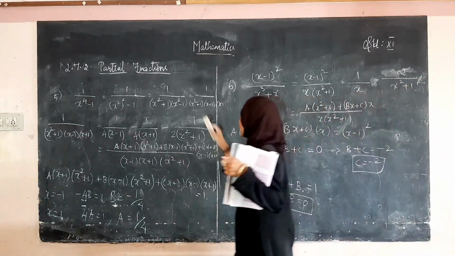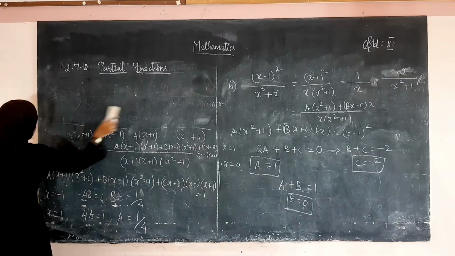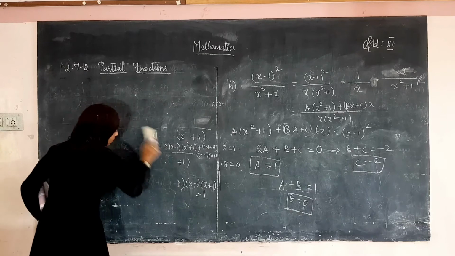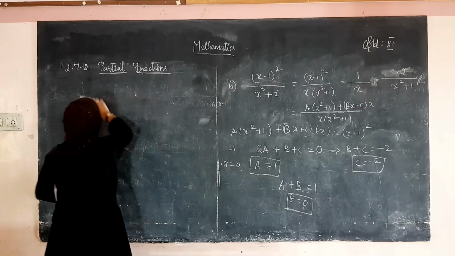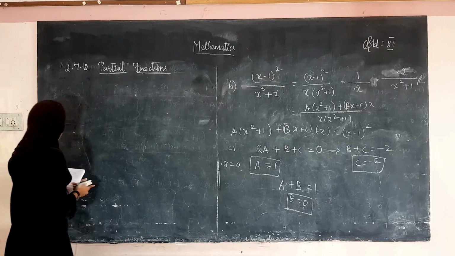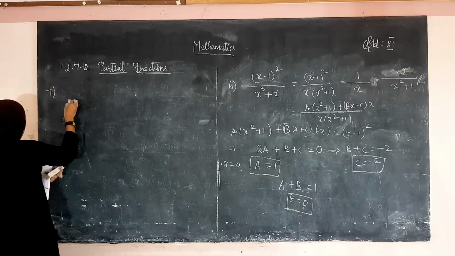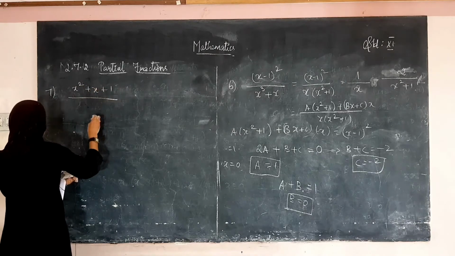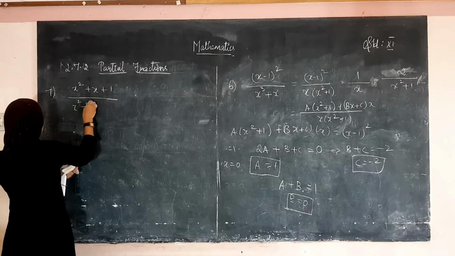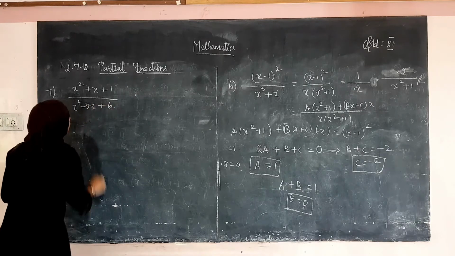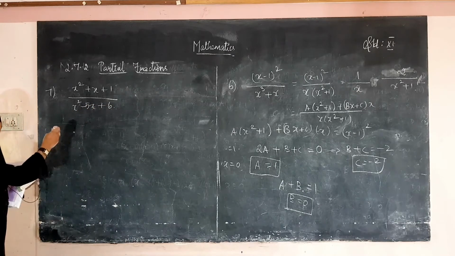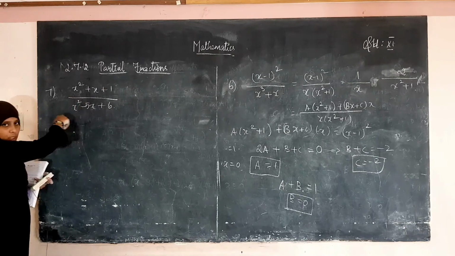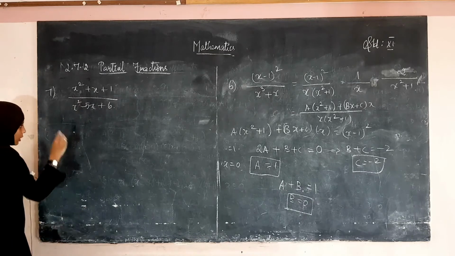Okay. Now let us see the seventh sum. Seventh sum is x square plus x plus 1 divided by x square minus 5x plus 6. Okay. So, we can factorize and we can move on. Before that, we have to see the degree. See this degree, this is also 2, this is also 2. Since it is of same degree, we have to divide this.